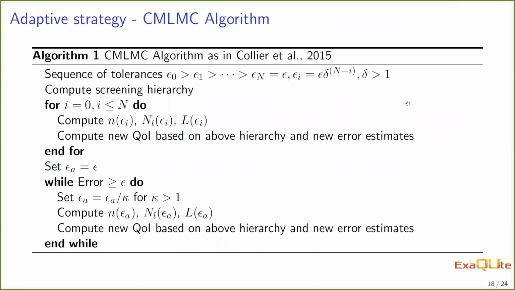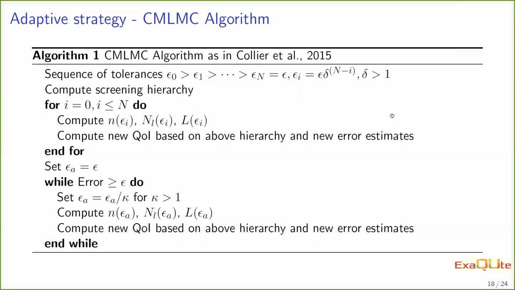So lastly, the last ingredient is the MLMC algorithm. I present here the CMLMC algorithm, which basically uses a sequence of tolerances, of which the target tolerance is the last one. You start off with a small hierarchy, and you don't want to commit yet to optimizing the hierarchy based on the final tolerance, because you could have bad estimates in the first few samples.